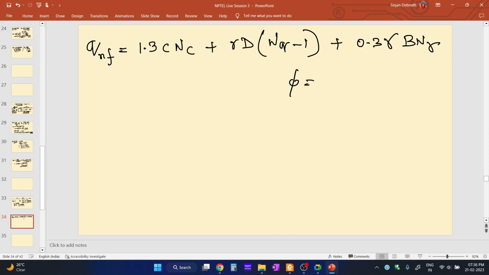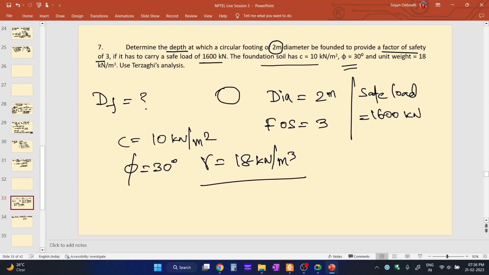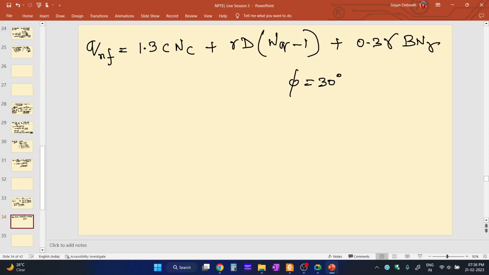For phi equal to 30 degrees, if you use Terzaghi's bearing capacity chart, you will get Nc equal to 37.2, Nq equal to 22.5, and N gamma equal to 19.7.